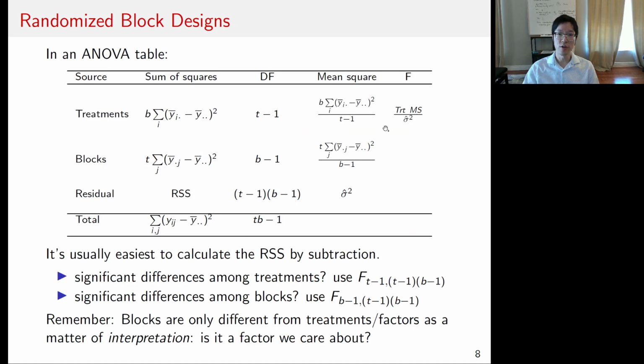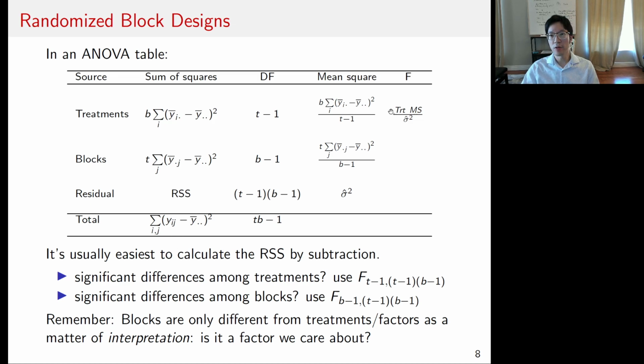Okay, so this just puts everything in the ANOVA table, so now there's an extra row for blocks that has the block sum of squares. Because of the sum of squares decomposition, usually the easiest way to get your residual sum of squares is to simply get the treatment and block sum of squares and then subtract them from the total.